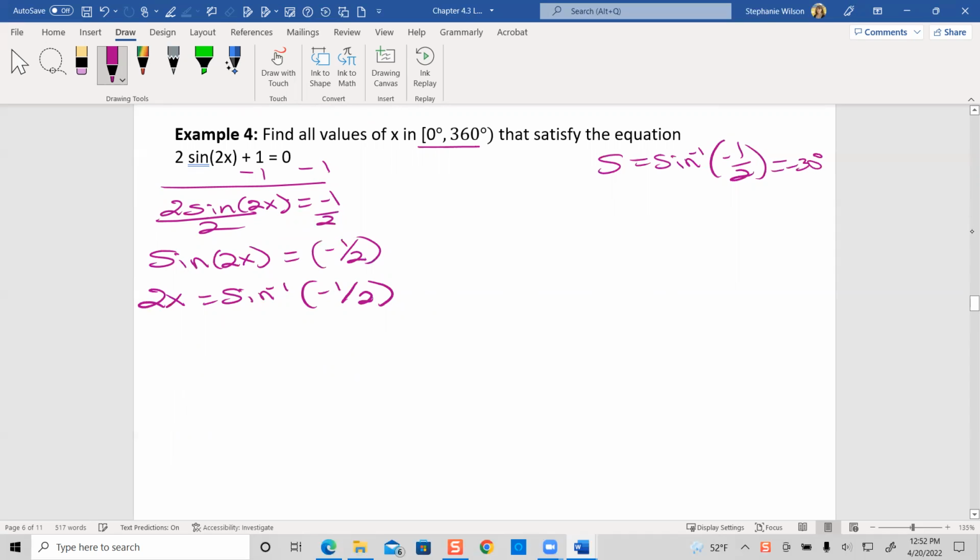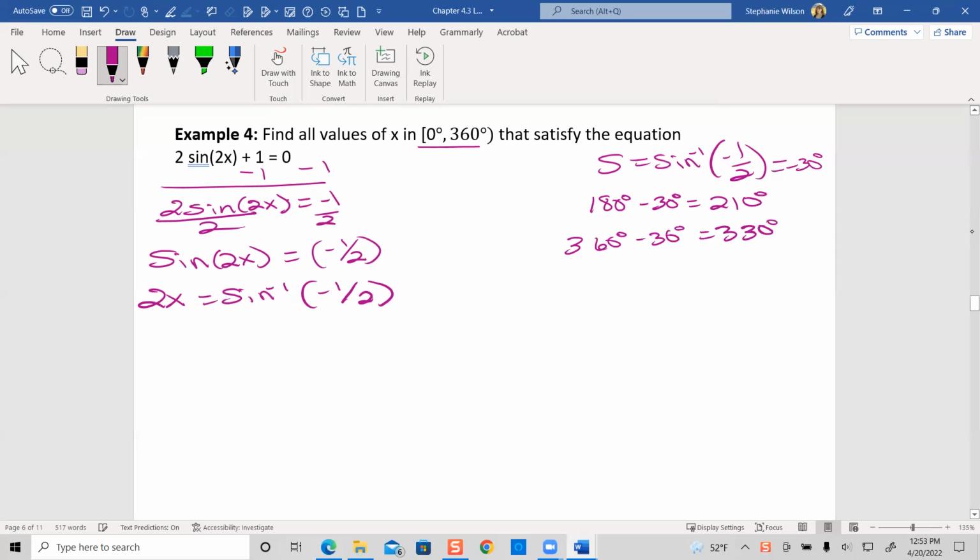All right, so what this tells me is I need to find the points around it. Because it's negative here, we'll take that 180 degrees and subtract that 30 degrees, which gives me 210 degrees. And then we're going to take that 360 degrees and subtract that 30 degrees, and that gives me 330 degrees.